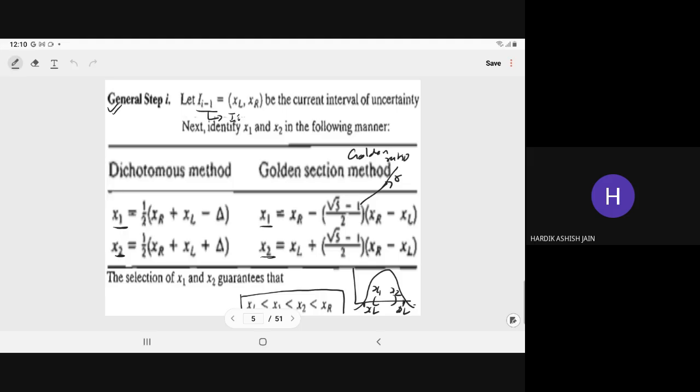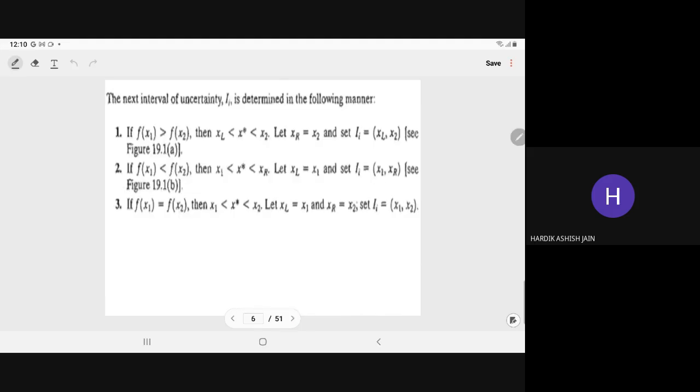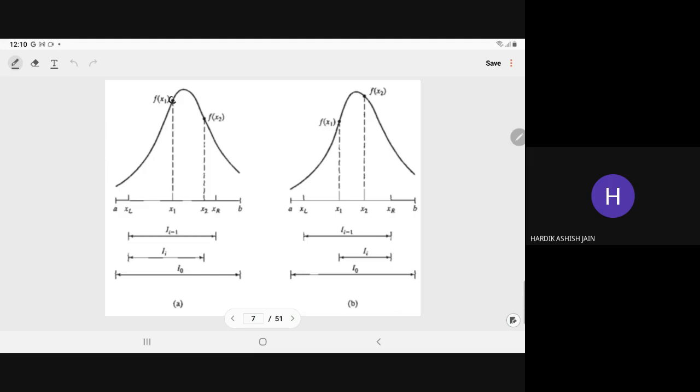For that we have the following conclusion: if f(x1) is greater than f(x2), then the next interval will be xl to x2, in which x star probably lies. Similarly, for example, if f(x1) is greater than f(x2).